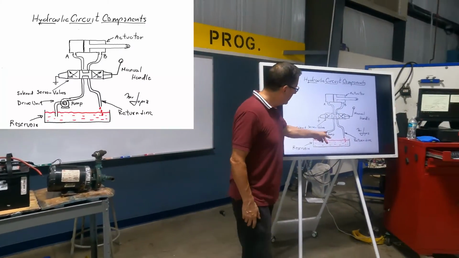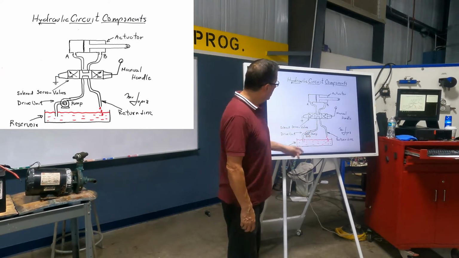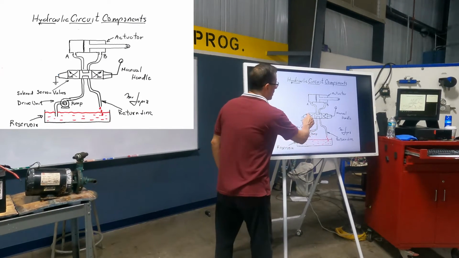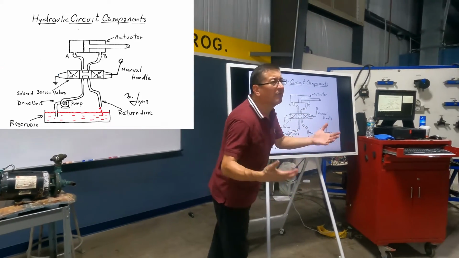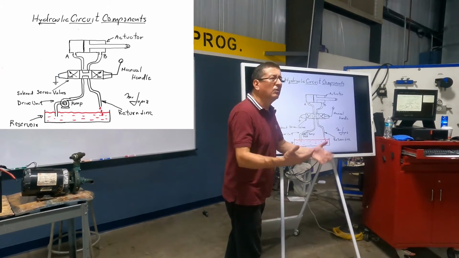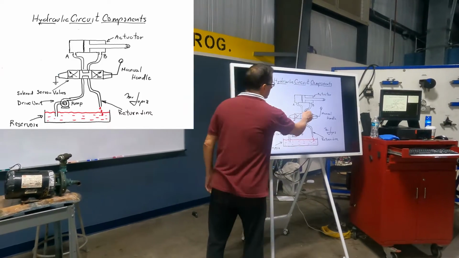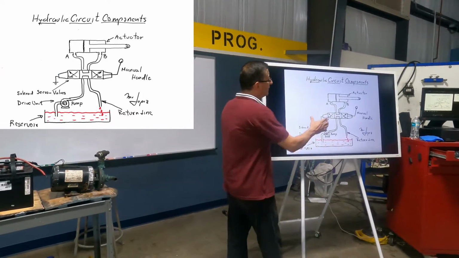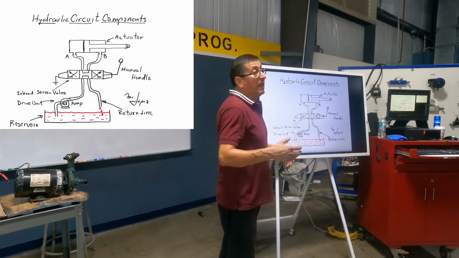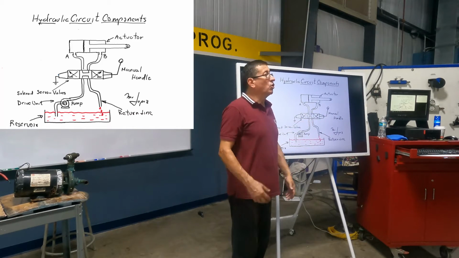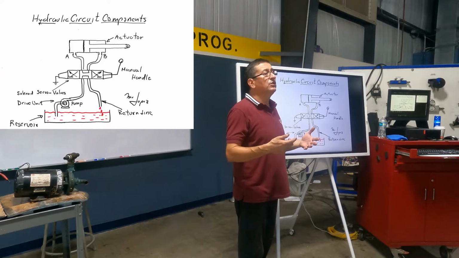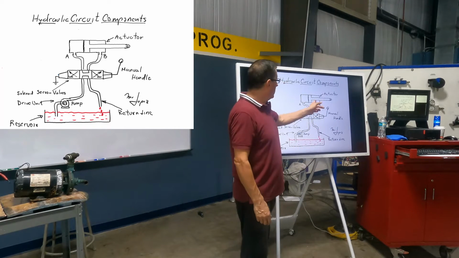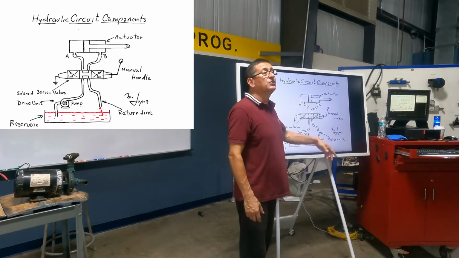Okay, we have the pump and the motor. We have the reservoir. We have the body of valves, or servo valve unit, or control valve unit. And after that, you have the actuator or a motor, depending on what hydraulic unit you want to move. There are different types of actuators. You remember?